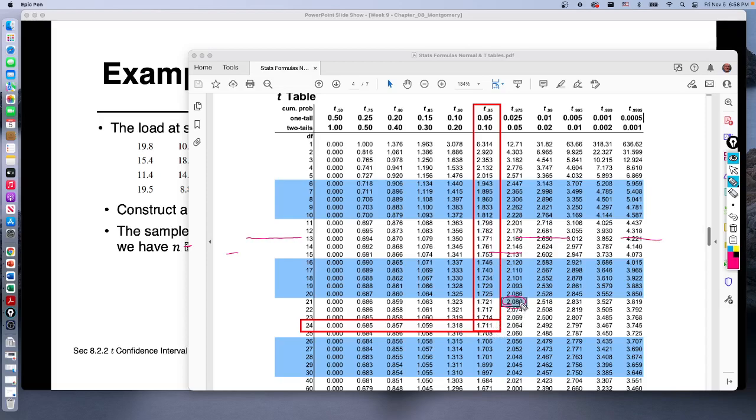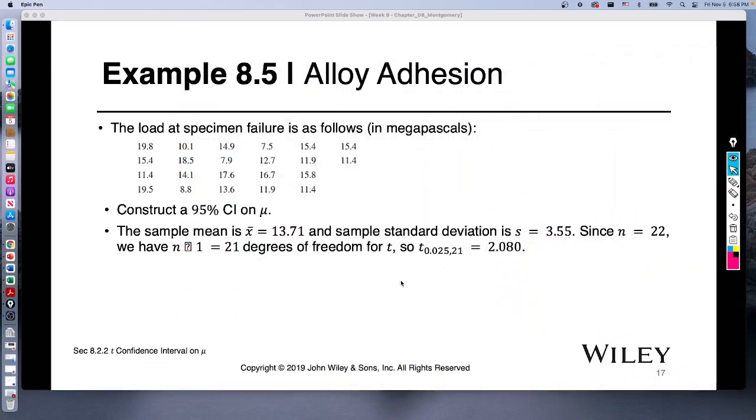If we had more data, notice we would have a smaller t value and a smaller interval, which would mean we were more accurate. So 2.08, that's where that's coming from. That's how you would look it up.